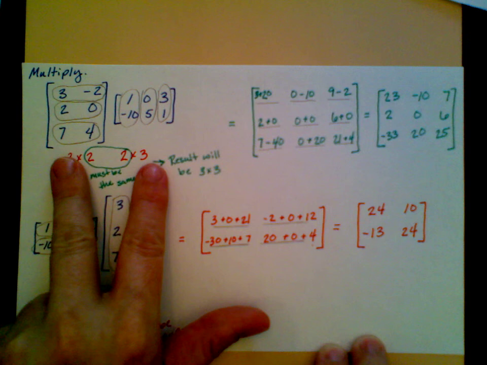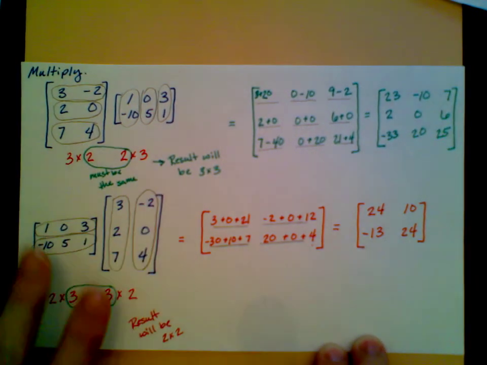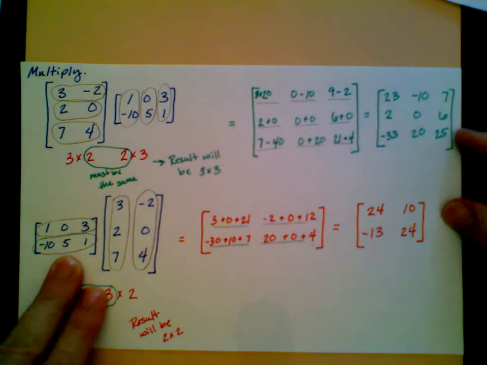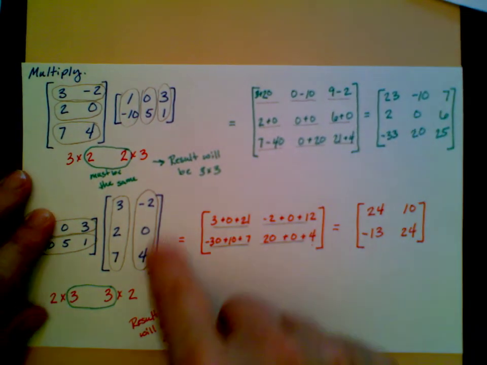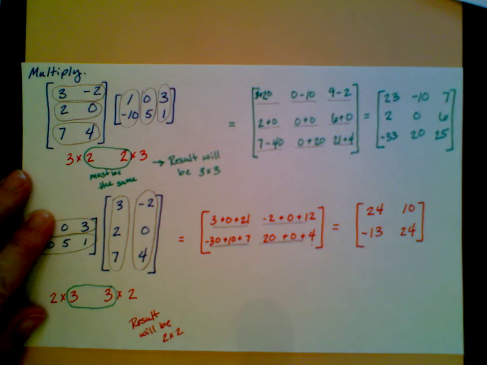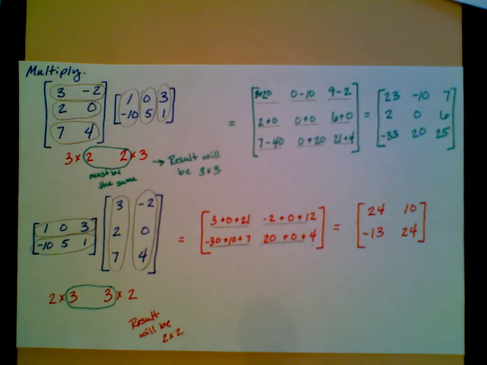But notice here, when I changed the order, I did change the product. Now, both of these I was able to calculate, but I got a different answer each time. And in fact, I got a different size of answer each time. And that can happen. That does happen with matrices.